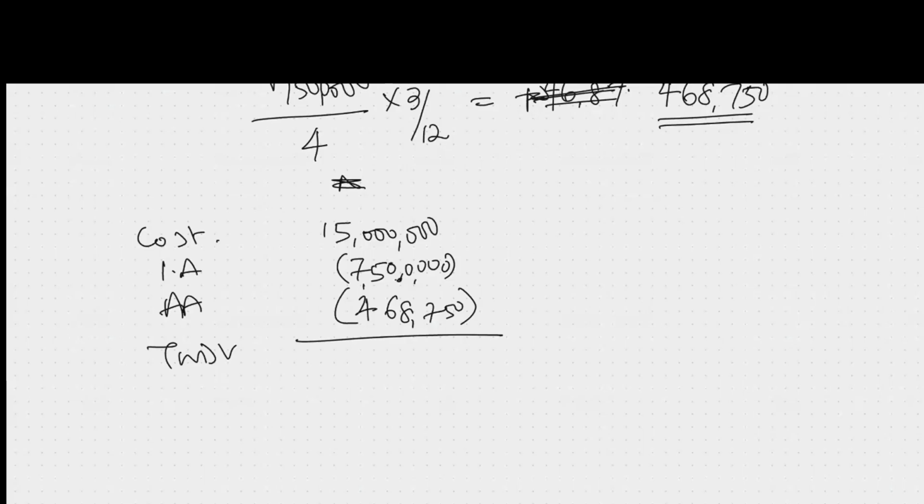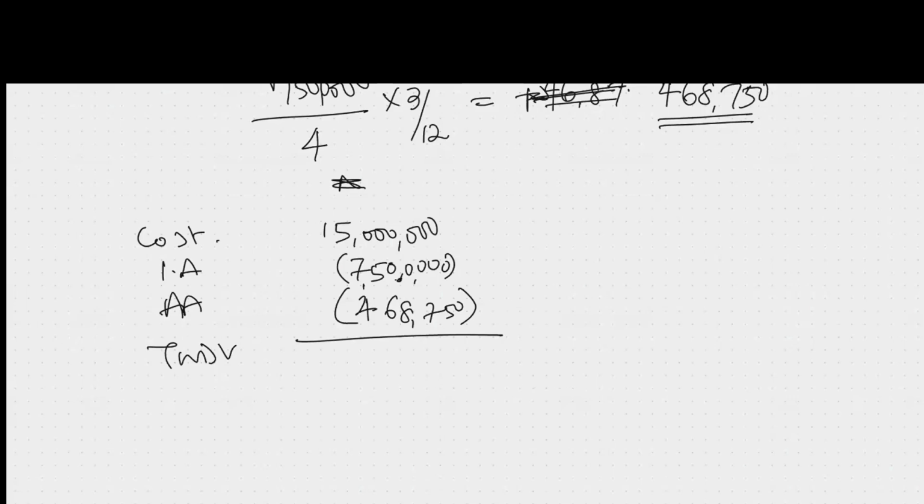Okay, it's not possible. What is my annual allowance? Someone else should tell me. This is 7.5 million, this is 468,750. It's 7,031,250 naira.